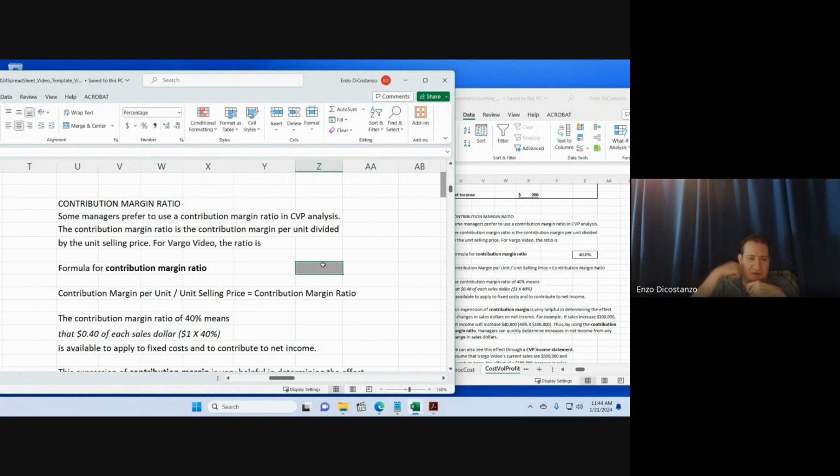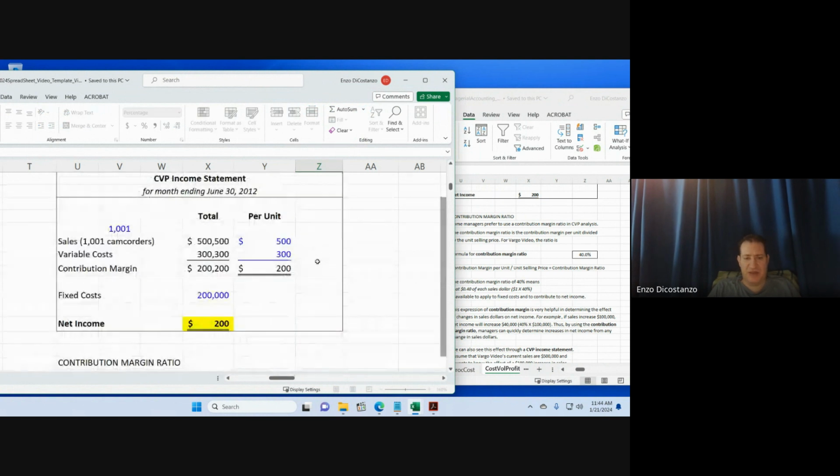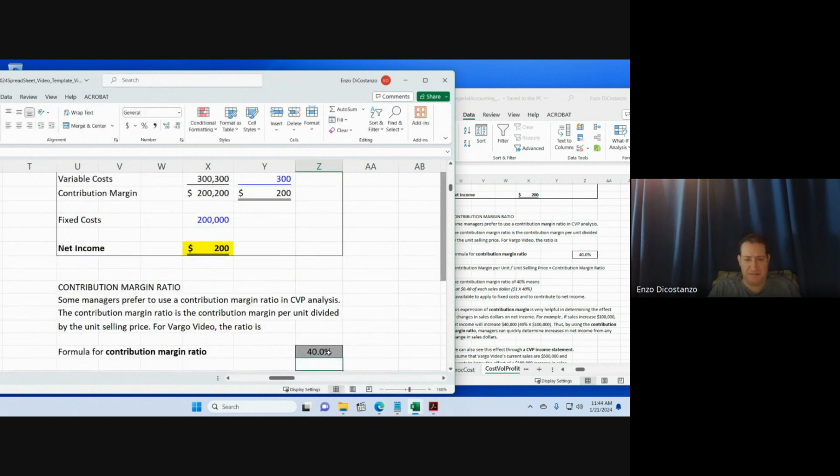It says the formula for the contribution margin ratio is going to be the margin per unit divided by the selling price. We can take it from here. 200 is obviously 40%.